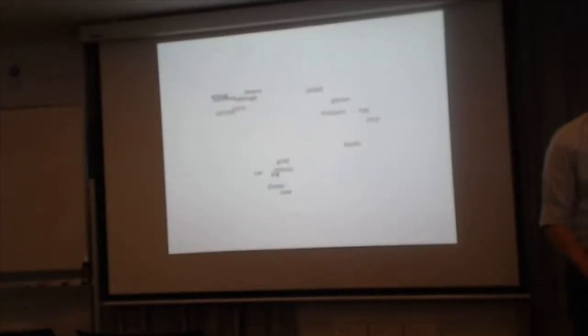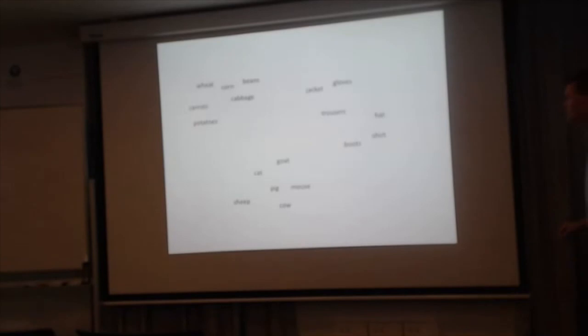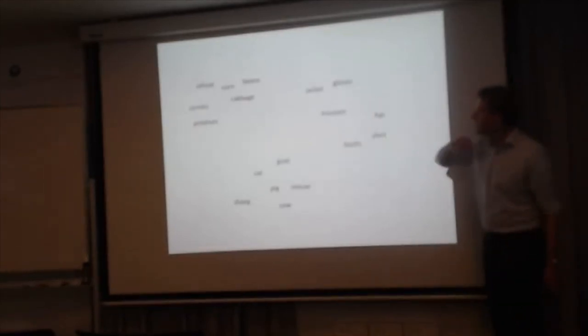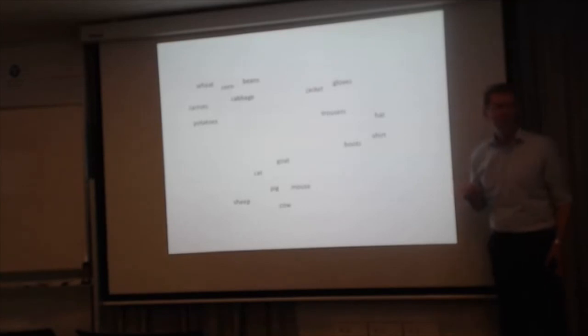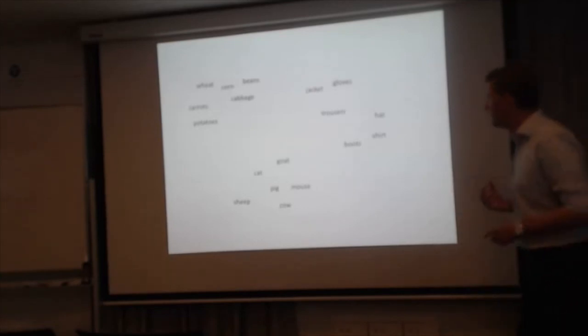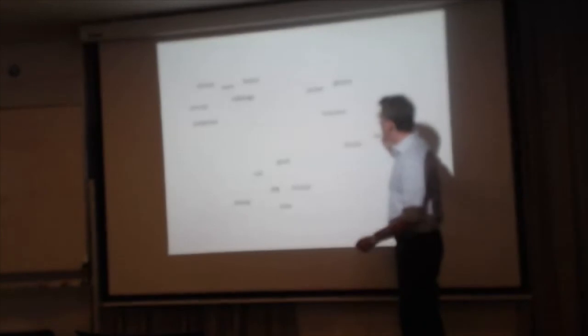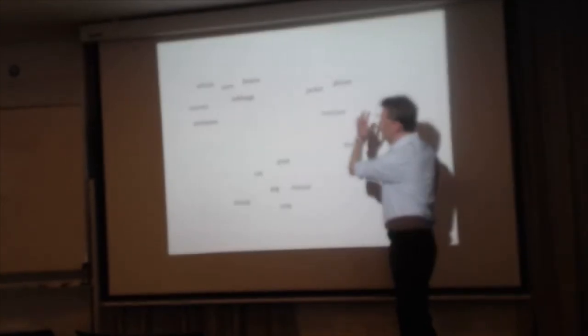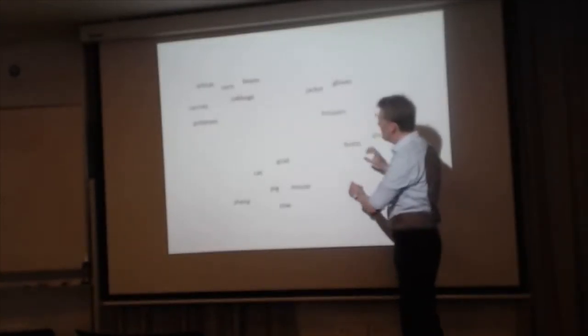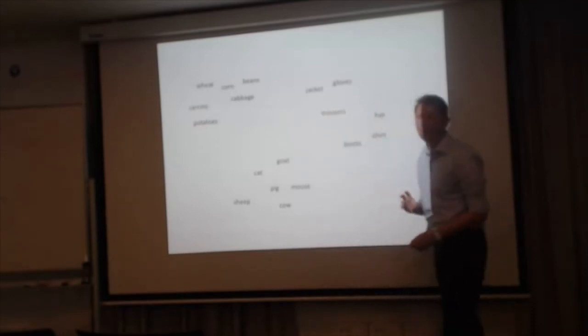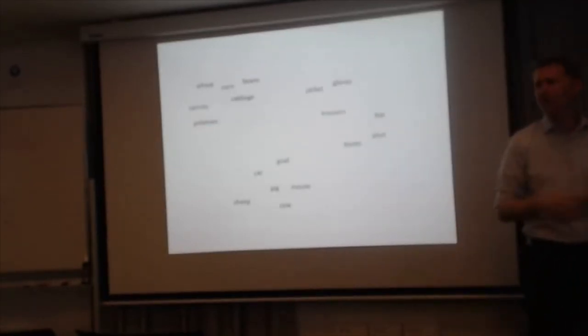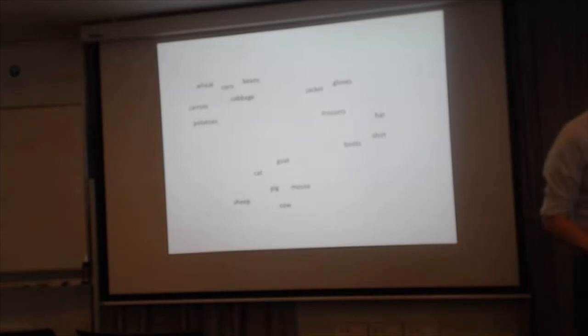So if you were to give these words to a human observer and ask them to form categories, they'd probably come up with 3 different categories: animals, vegetables, and a bunch of clothing items. Yeah. So we can all agree that these clusters are more similar to themselves than all of the words are to each other. Yeah. So there are these categories in the set of farm words.